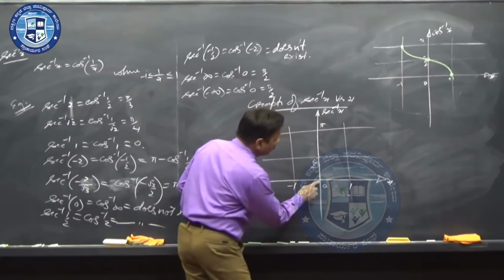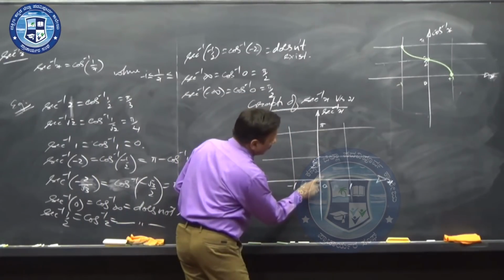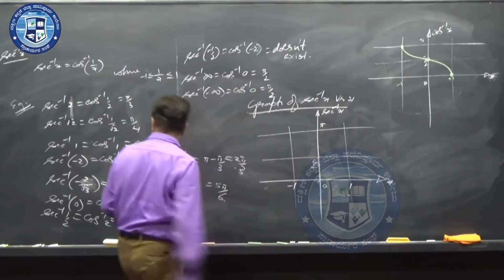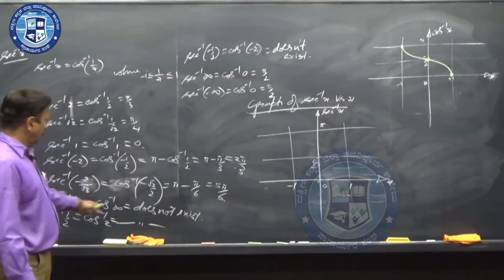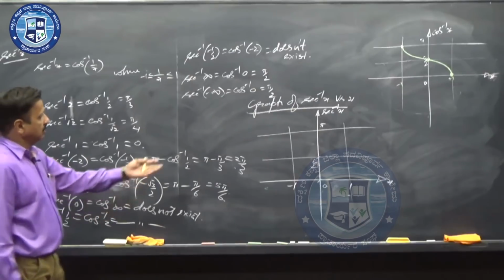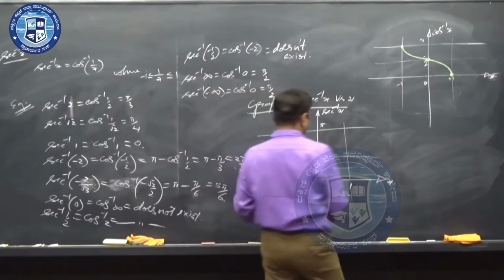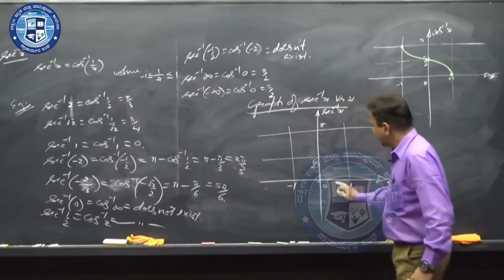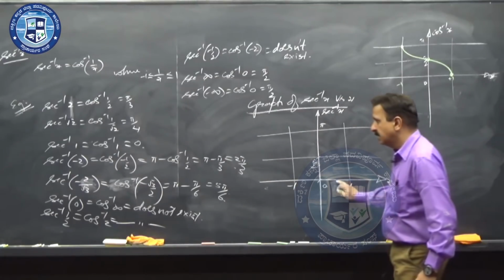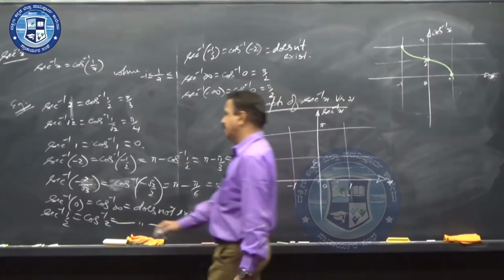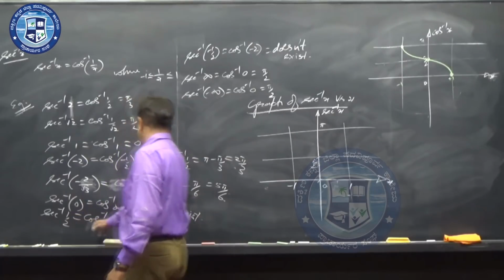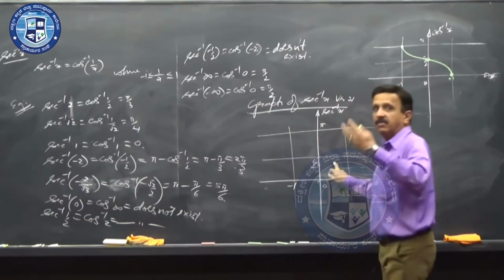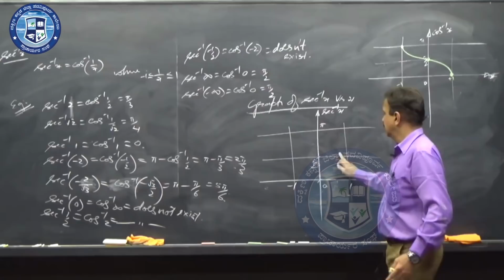If you see secant inverse 0, when x is 0, secant inverse 0 does not exist because cos inverse infinity has no existence. Then if you take x equal to half, it comes somewhere here. Secant inverse half does not exist because cos inverse 2 does not exist.